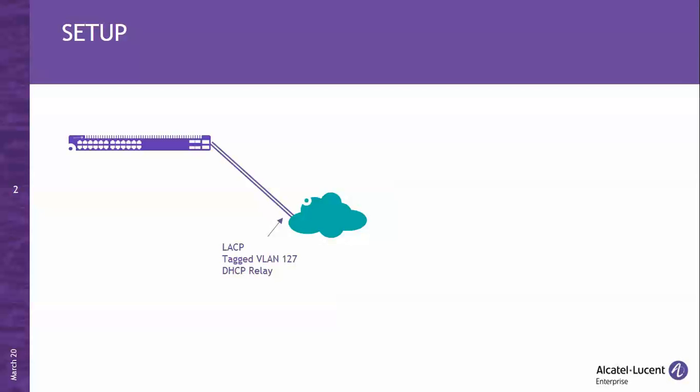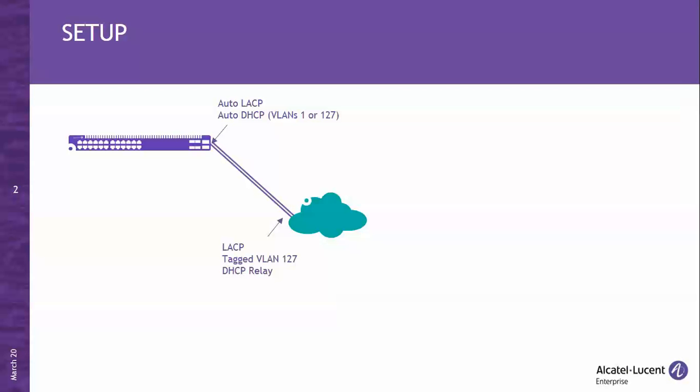When we power up a factory default switch, there is no boot.cfg in it, and this prompts the switch to do a few things. The first thing it will do is try to automatically configure its uplinks as an LACP aggregate if it receives LACP PDUs from the upstream switch. Then it will create a DHCP enabled IP interface on VLAN 1 as the untagged default VLAN and request an IP address.